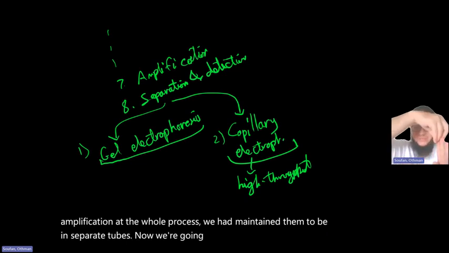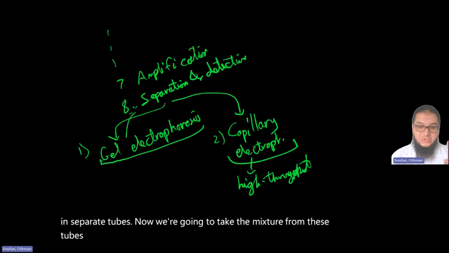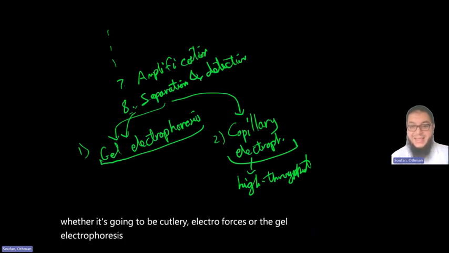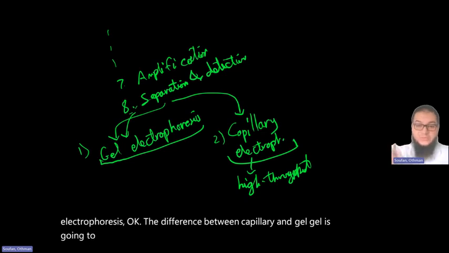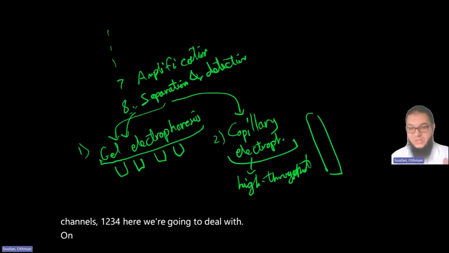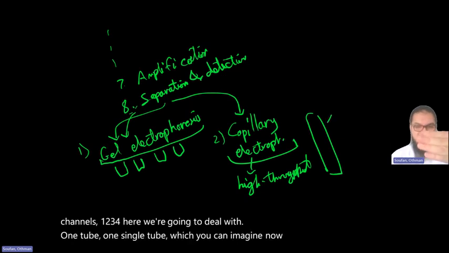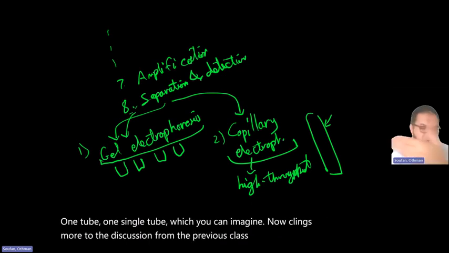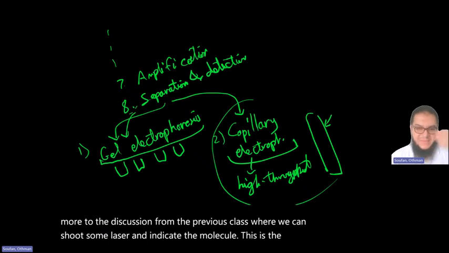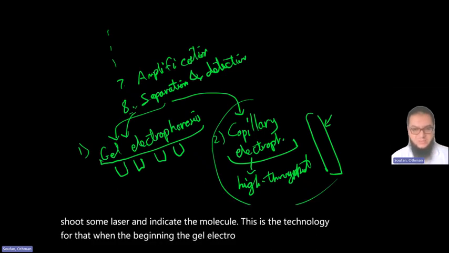Now we're going to take the mixture from these tubes and pass it to this medium, whether capillary electrophoresis or gel electrophoresis. The difference is that the gel deals with the 4 tubes again, so it will have 4 channels, 1, 2, 3, 4. Here we're going to deal with one single tube, which links more to the discussion from the previous class, where we can shoot some laser and indicate the molecule. This is the technology for that. But in the beginning, gel electrophoresis was being used.